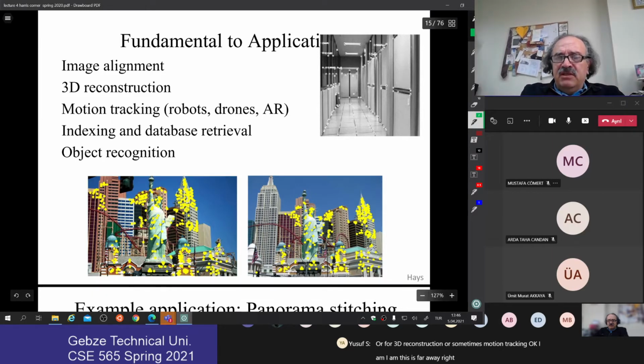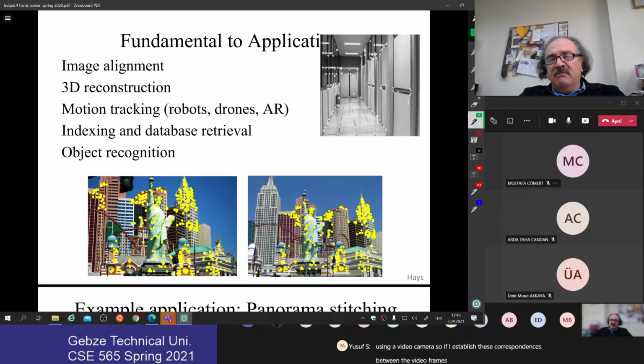This is closer. I am moving away from the structure. I was close, now I am far away. I am taking these pictures using a video camera. So if I establish these correspondences between the video frames, then maybe I can do some motion analysis.